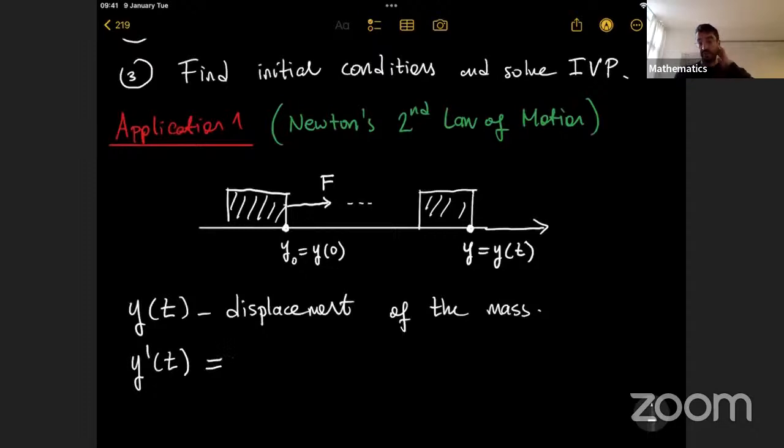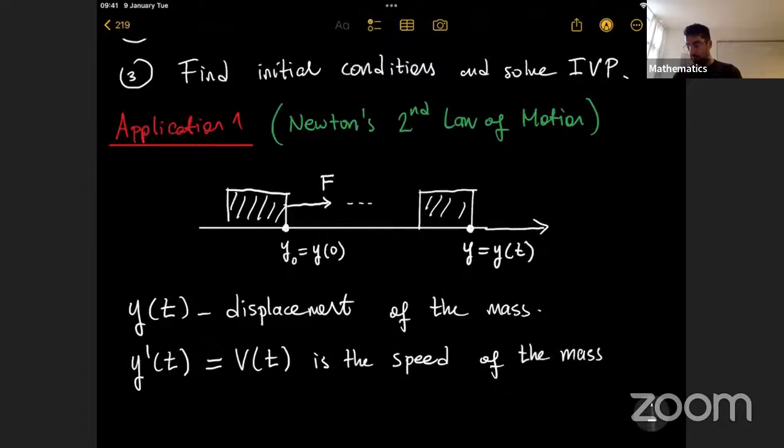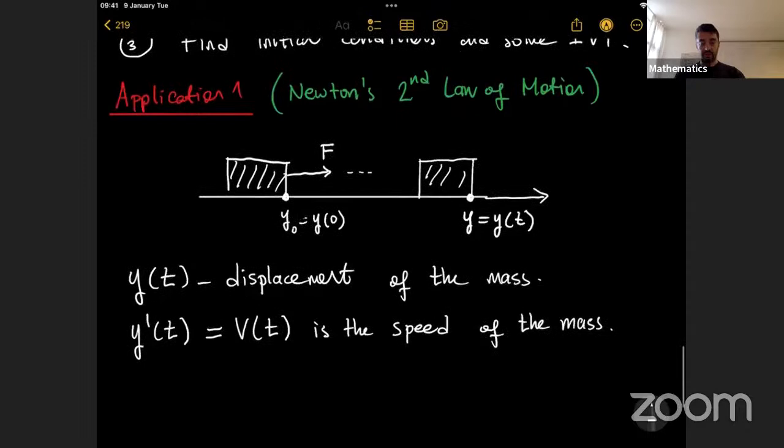We know this from physics. The derivative of the displacement function is the speed, right? It's v of t, the speed of the mass. And the second derivative, or derivative of speed or velocity, whatever, a of t, which is v prime of t. This is the acceleration.